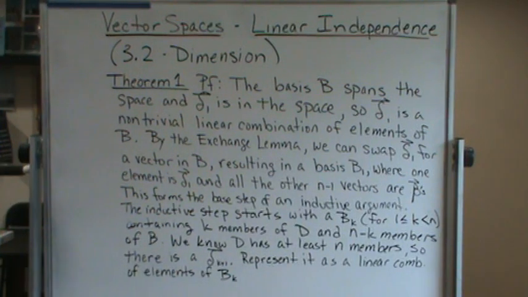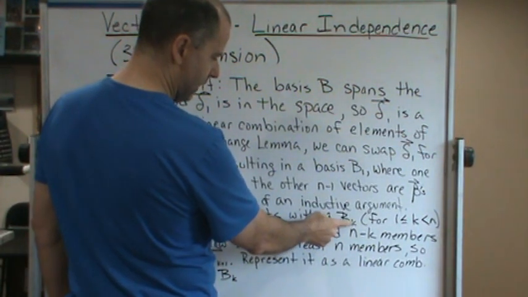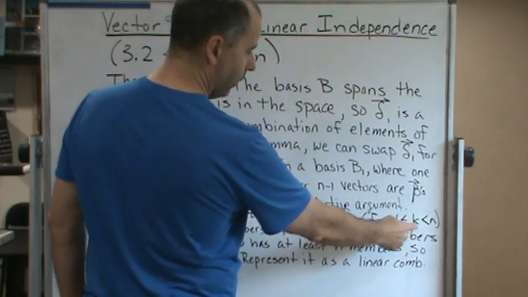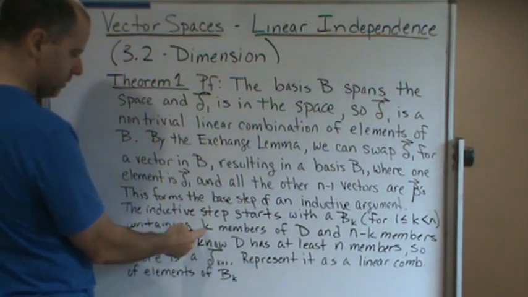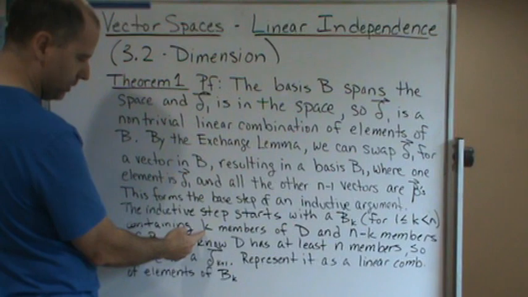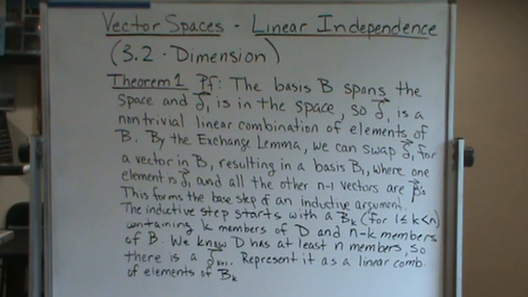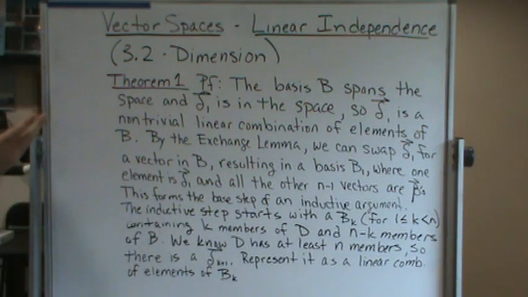The inductive argument is going to start with assuming that there exists a B sub k, for some k that's at least 1 but less than n, that contains k members of D and n minus k members of B. So we're assuming that this process up here holds for B sub 1 through B sub k.